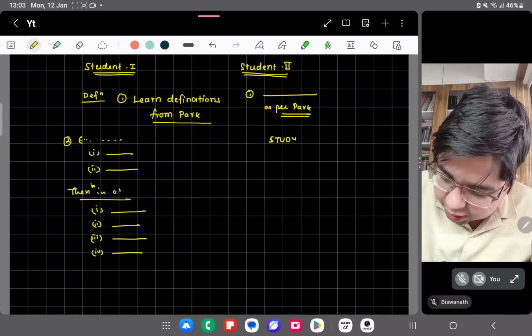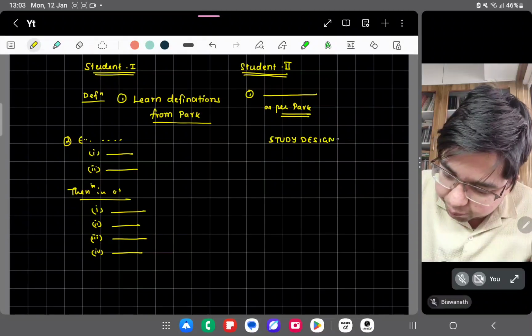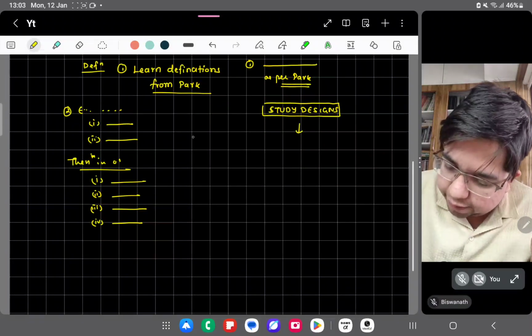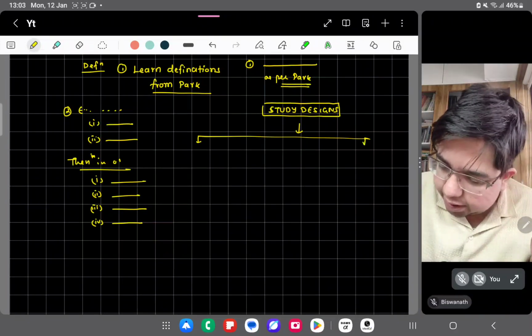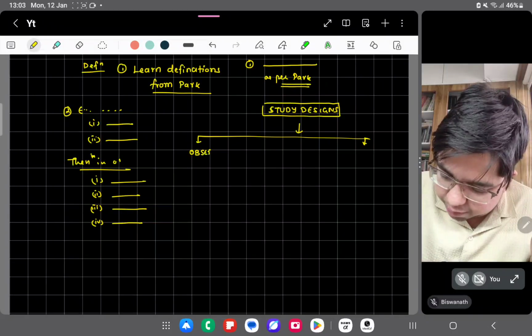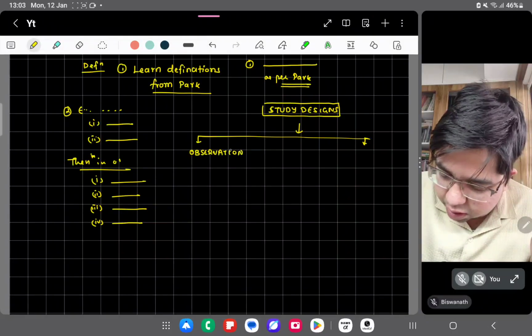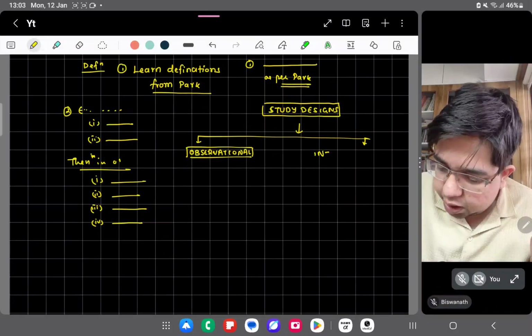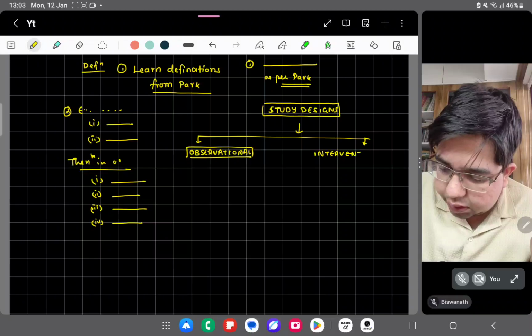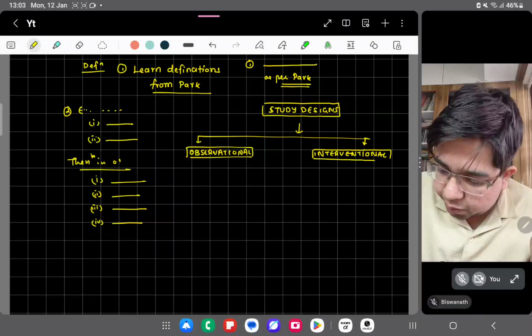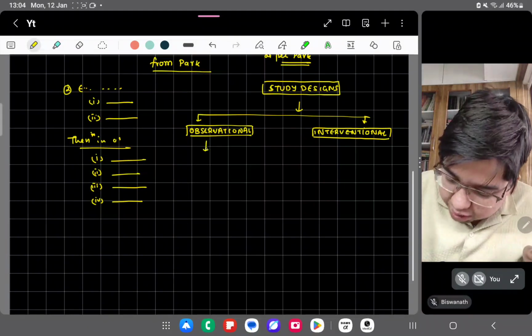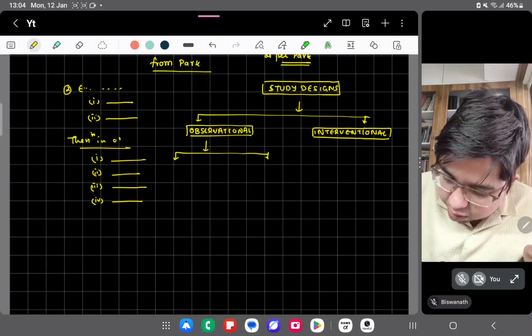So you will write study designs, make a box, and use a scale wherever necessary. Then you classify it into observational and, let's say, interventional or experimental study designs. Then you classify the observational into how many types?